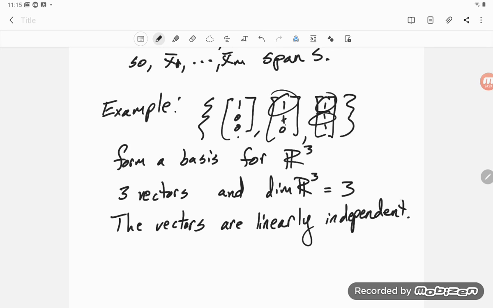So I know they're linearly independent, and there are 3 of them, which matches the dimension of R3, so they form a basis for R3. And there we go.